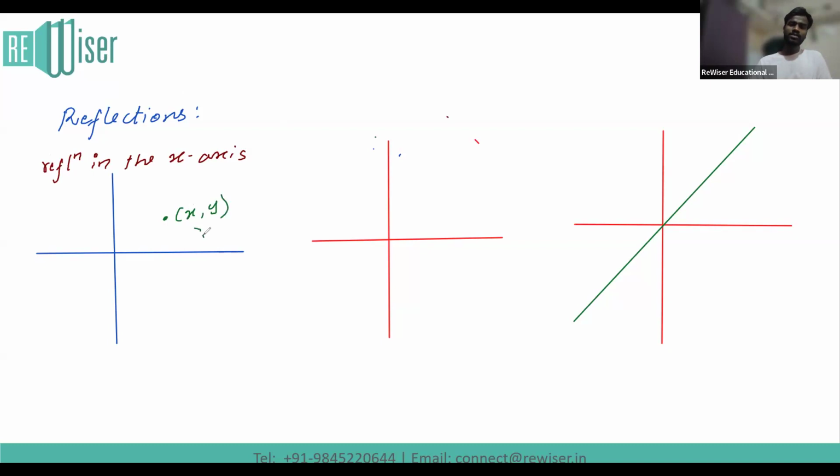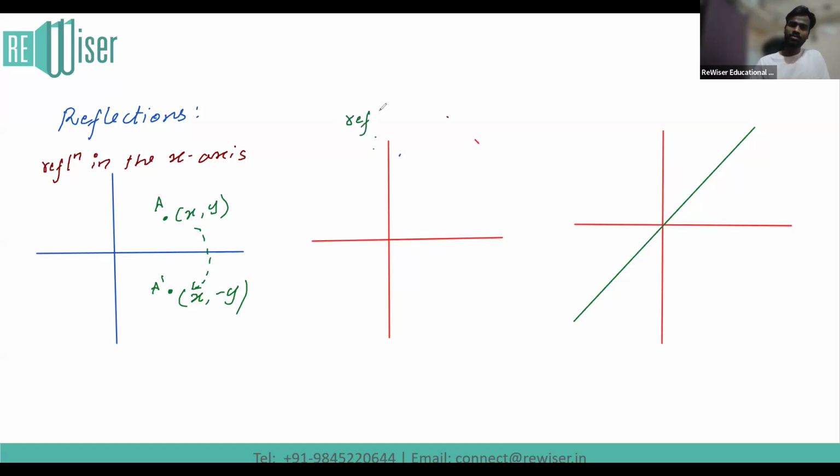When you reflect this point in the x-axis, the resultant point would be somewhere here. Let's say A is the point, the image of A is A dash, which is after the reflection. The x coordinate remains the same, but the y coordinate changes. So the y coordinate you need to multiply with negative. This is the reflection in the x-axis.